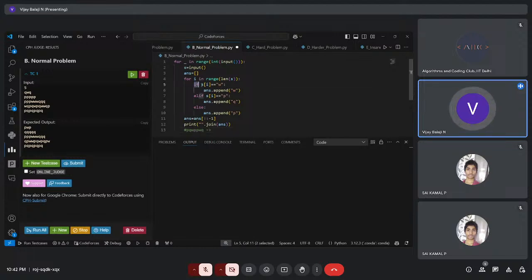If it is a W, I keep it as a W; if it is P, it is converted to Q; and if it is Q, it is converted to P. After all these transformations, we also have to reverse the entire list. So I reverse the list and then print the answer.